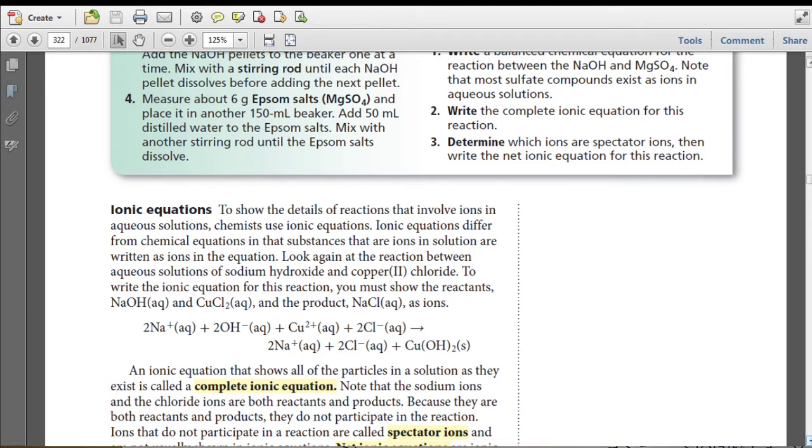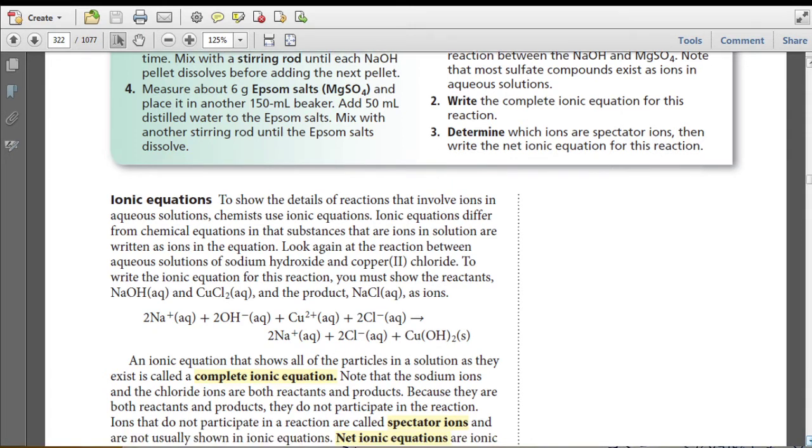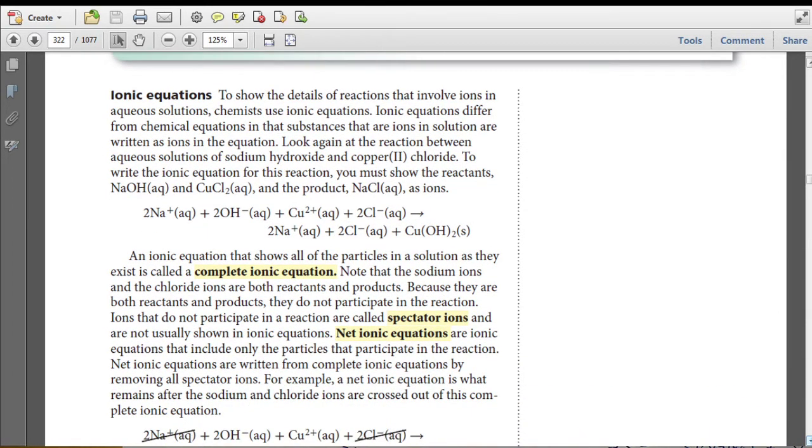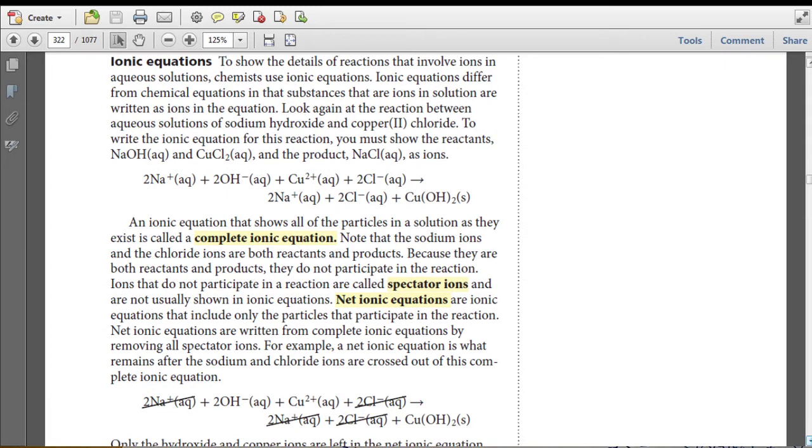To write the ionic equation for this reaction, we must show the reactants, sodium hydroxide in aqueous form and copper 2 chloride in aqueous form, and the product, sodium chloride in the aqueous form, as ions. An ionic equation that shows all of the particles in solution as they exist is called a complete ionic equation.